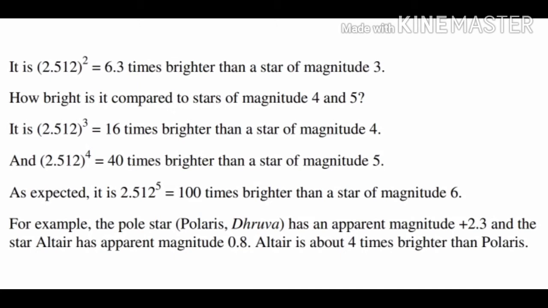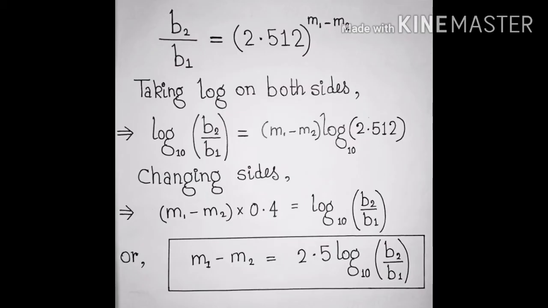Now let's make it into a formula. B2 by B1, that is brightness of the second object to the brightness of the first object, is 2.512 to the power m1 minus m2, that is apparent magnitude of the first object minus apparent magnitude of the second object.